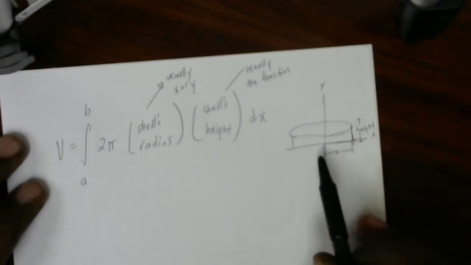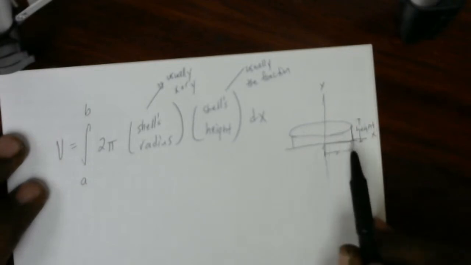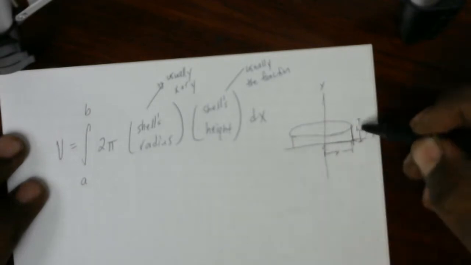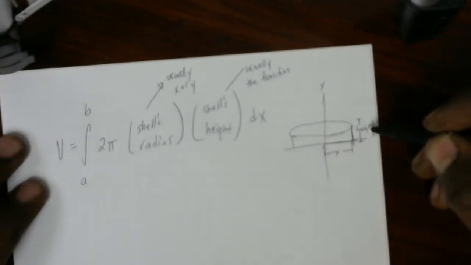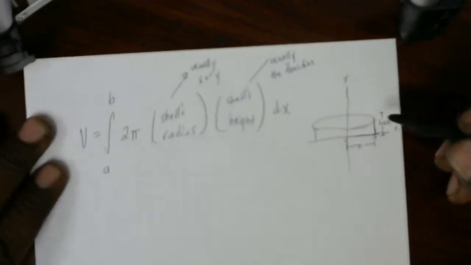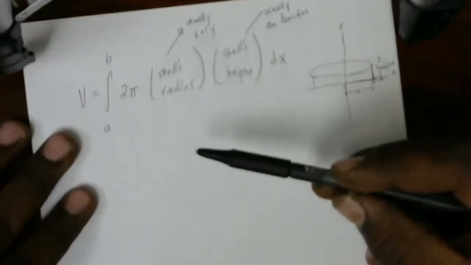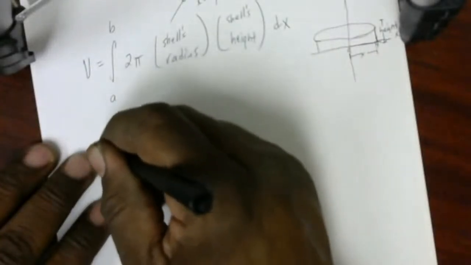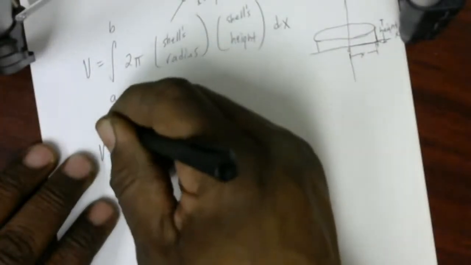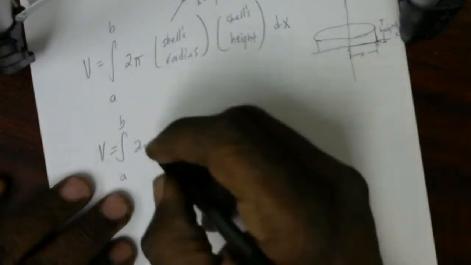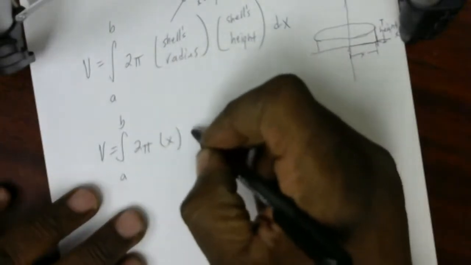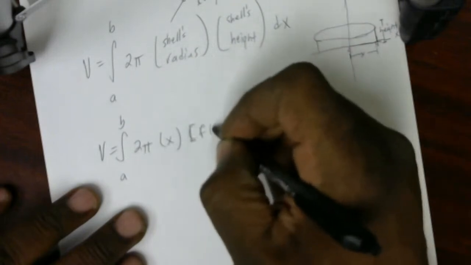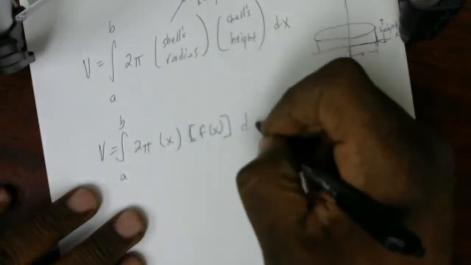So the radius of the shell is going to depend upon x or y, depending upon which axis you're rotating about. The shell's height is the function. If you've looked at the viewing example, they've written this out like this: V is equal to the integral from a to b for 2 pi times x times f of x dx.